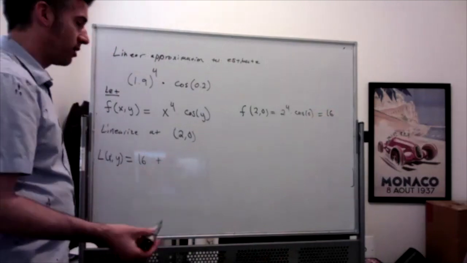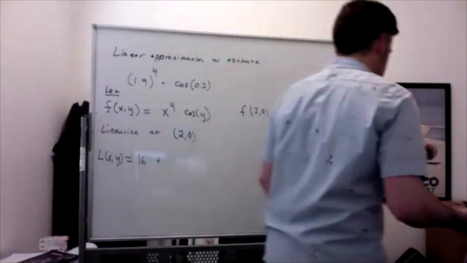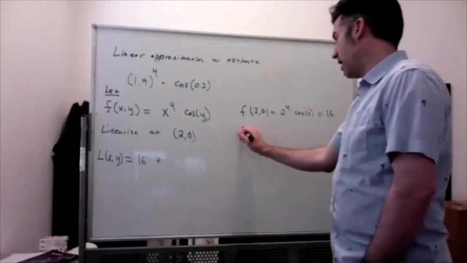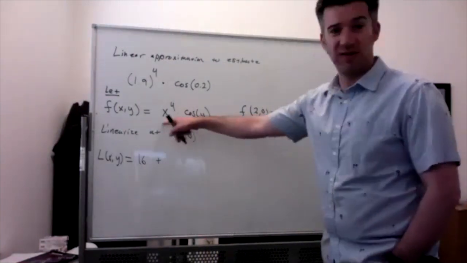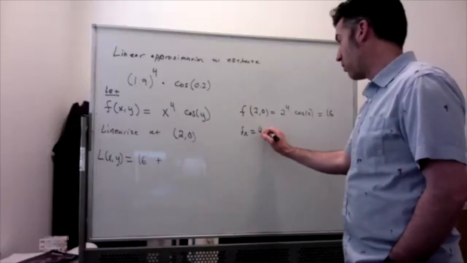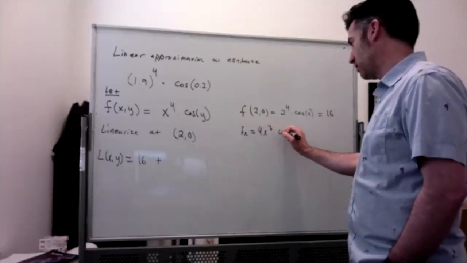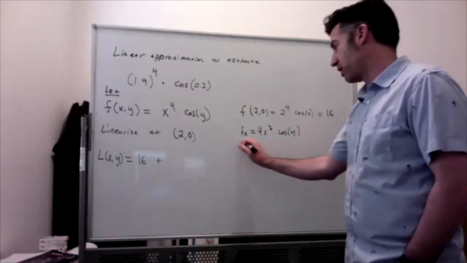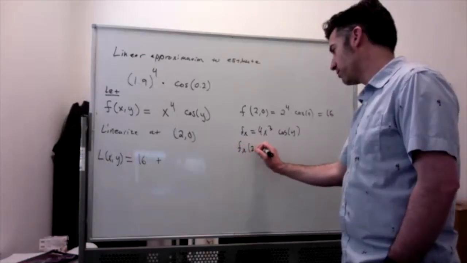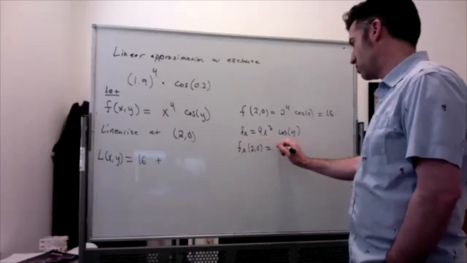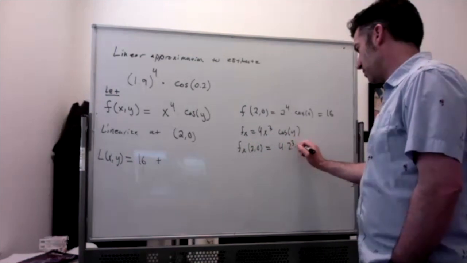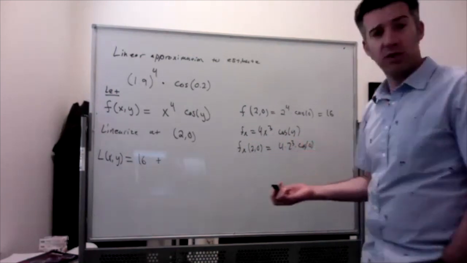Plus, now we're going to find the partial with respect to x. f x, taking the derivative with respect to x, is going to be 4x cubed times cosine of y. If we plug in the point (2, 0), we get 4 times 2 cubed times cosine of 0, which is 32 times 1.